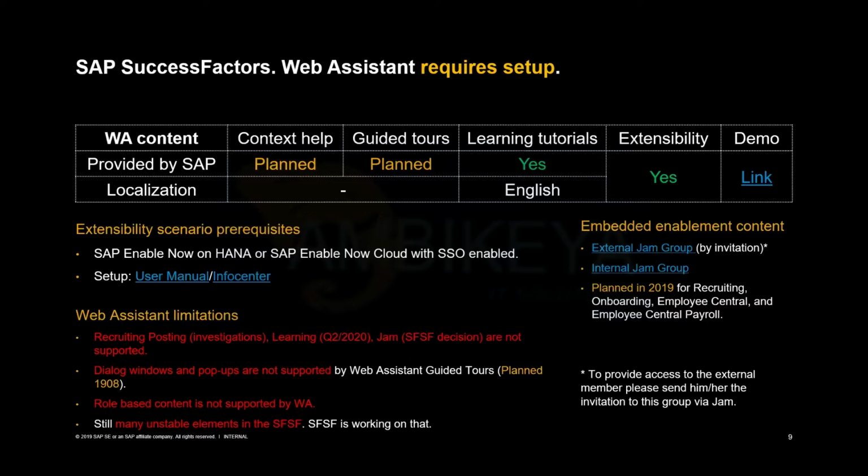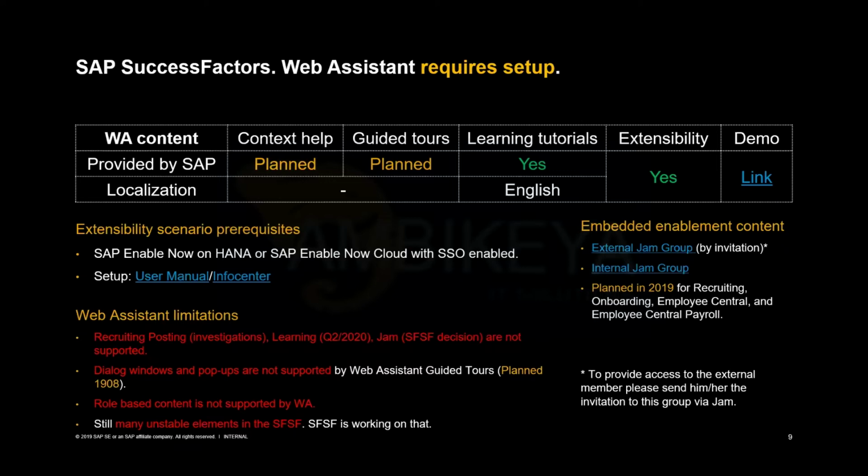So something that's important to note for customers, there is the tutorials, so the practice mode simulations and the work instructions are available for SuccessFactors, but there is not any contextual help yet. So there are not any help tiles, so there aren't any hotspots or guided tours created for SuccessFactors yet.